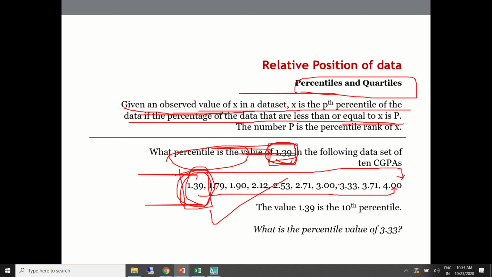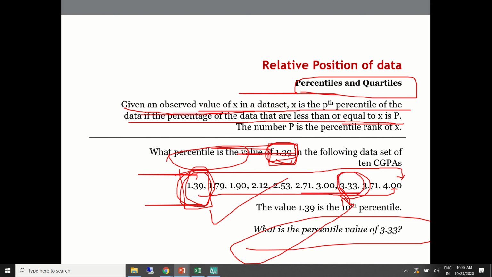Let's say, for example, somebody asks what the percentile is if a candidate has scored a 3.3 CGPA. Let's say there are 10 students, 1, 2, 3, 4, 5, 6, 7, 8, 9, 10.